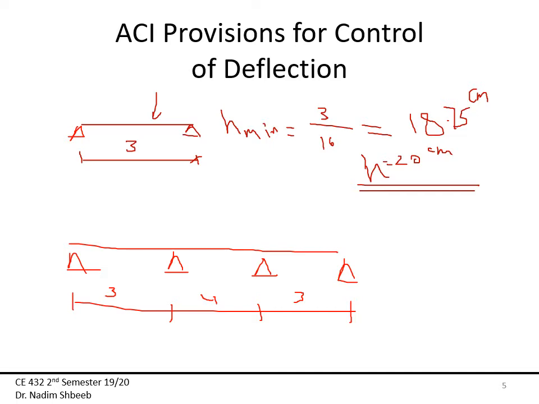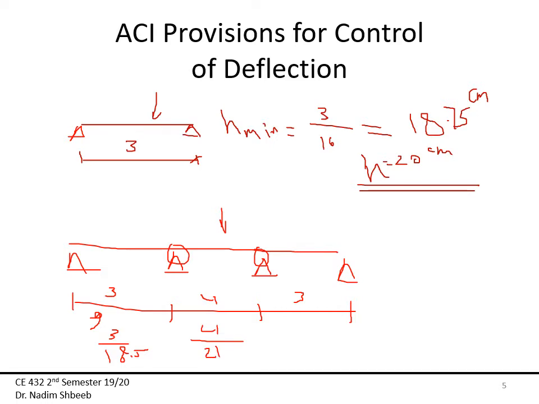So now for this part right here, this is again one end continuous. Then H minimum would be 3 over 18.5. This one right here has both ends continuous, right here and right there. So for that, it's going to be 4 divided by 21.